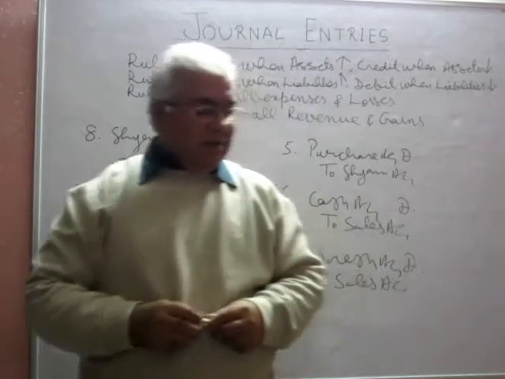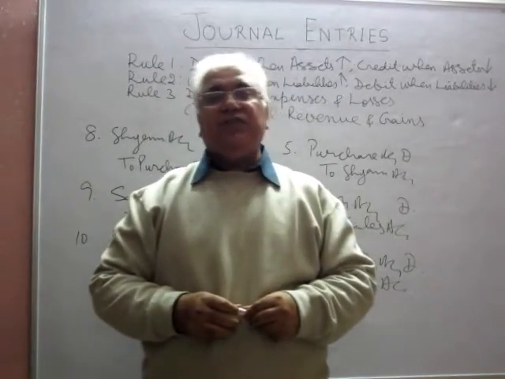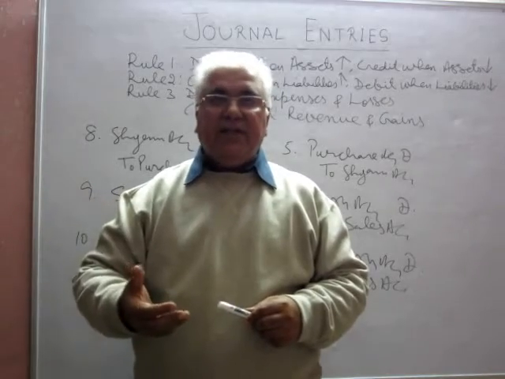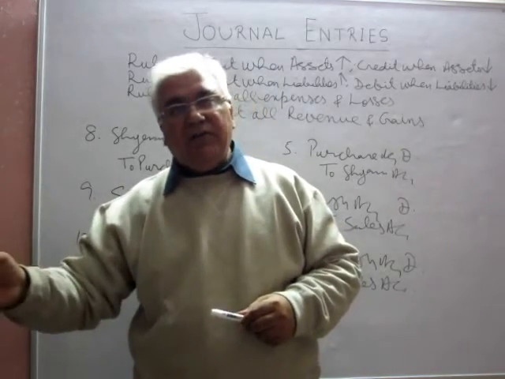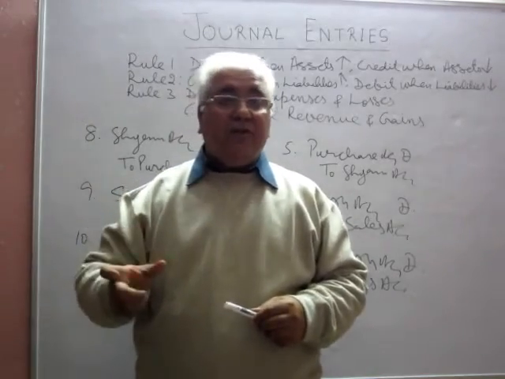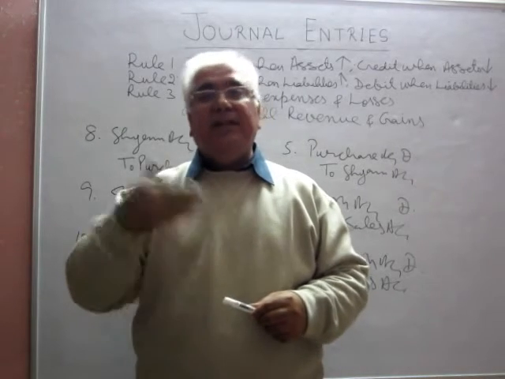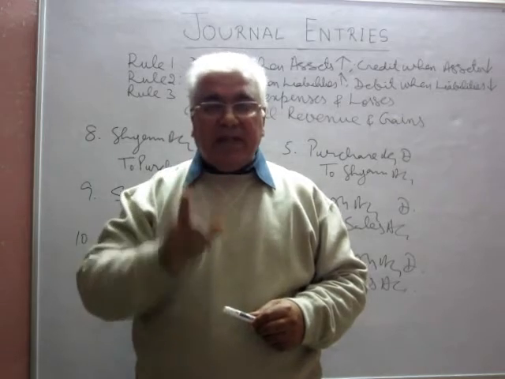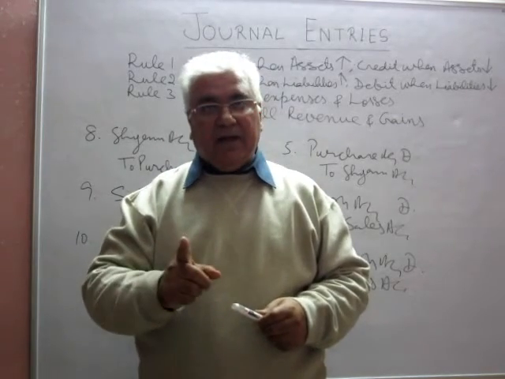And the next entry is received interest from bank. Now when bank pays us interest, it credits to our account itself. So because of this, our bank account is increasing. When bank account is increasing, bank being an asset account, it will be debited.